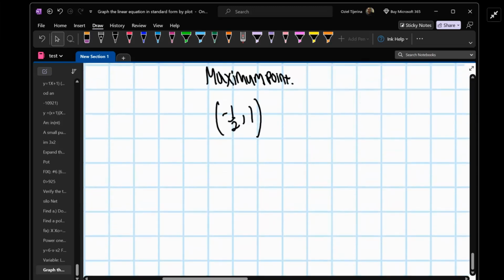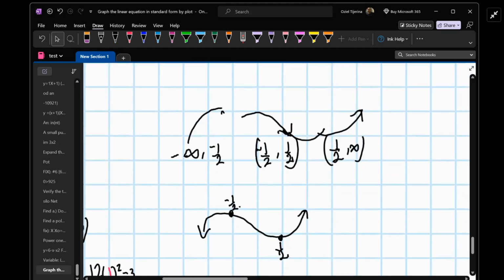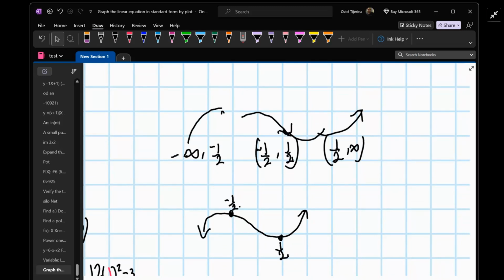And then a minimum point at the following. So when I do 4 times 1/2 cubed minus 3 times 1/2, I will get -1.